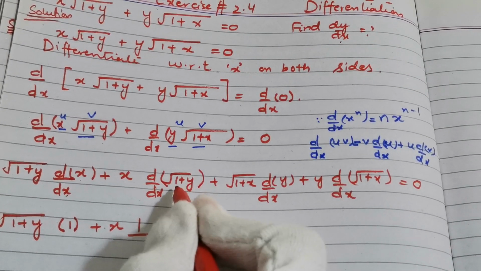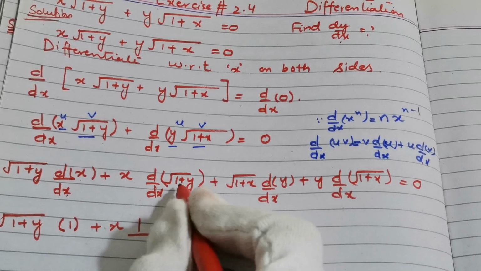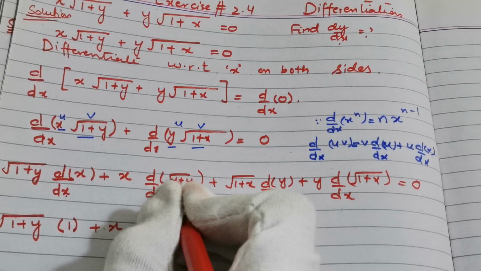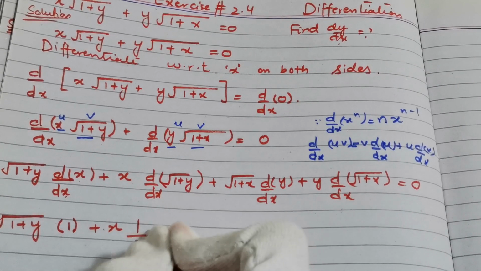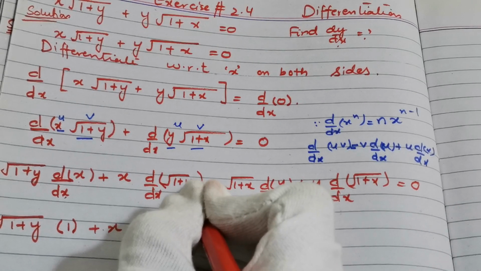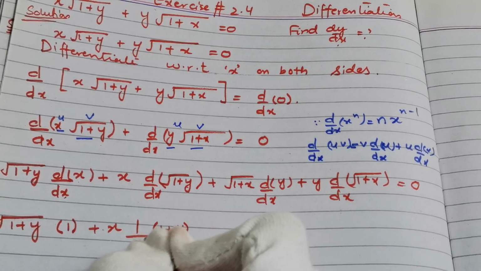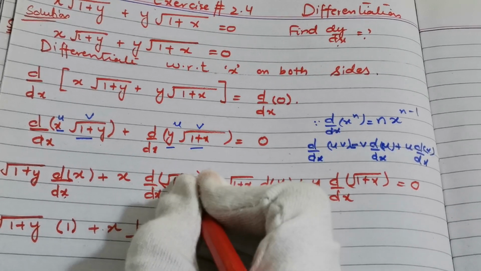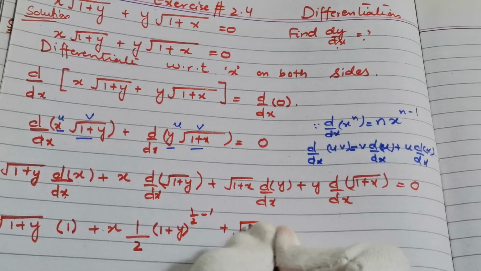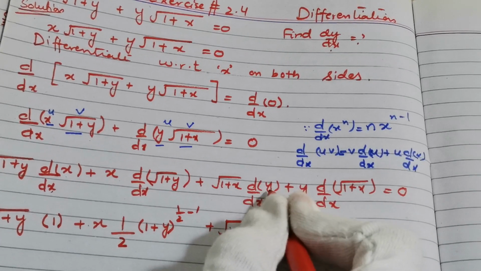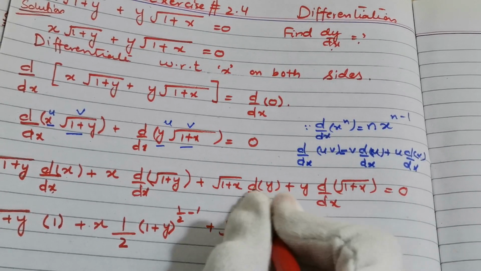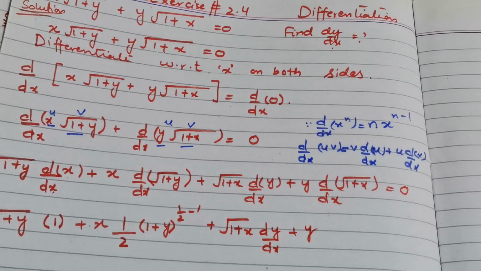So here we apply the power rule, and the under root value is 1 by 2, so n is 1 by 2, x is 1 plus y. Keep the term the same, n x to the n minus 1, n is 1 by 2 minus 1, plus under root 1 plus x as it is, and the derivative of y with respect to x is dy by dx, plus y.